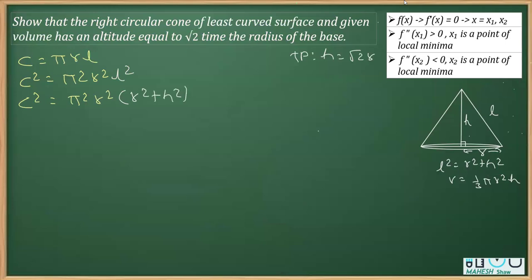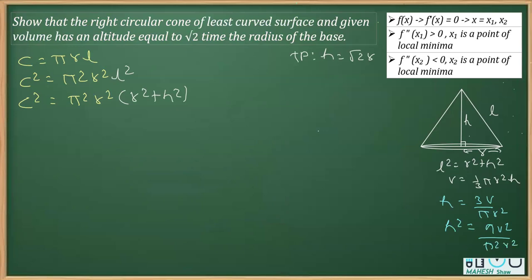Now still the variables remain two, and we know that V is the constant here, so we have to write in terms of V. So from here, h will be, by cross multiplication, 3 times V over pi r square. But we need h square, so I'll do squaring here only. So h square is equal to 9 times V square over pi square r square.